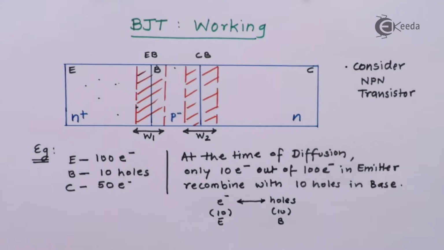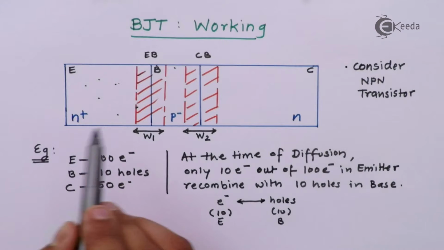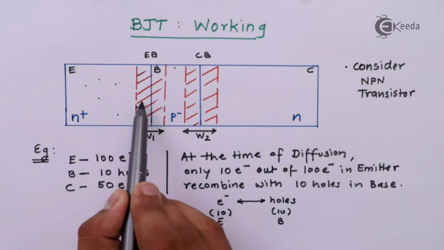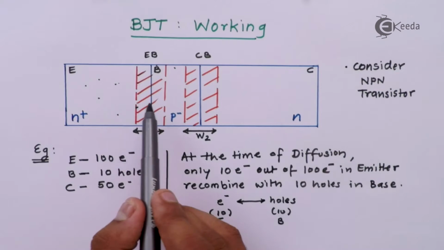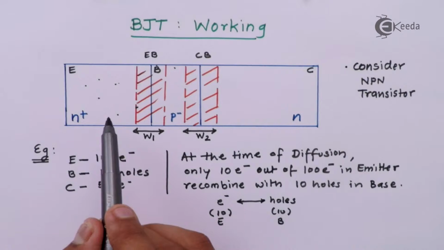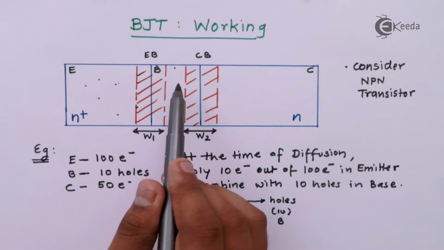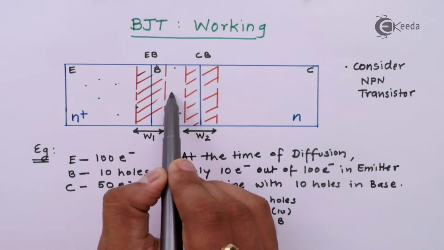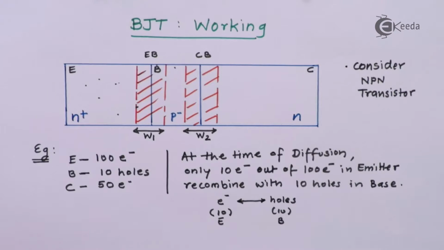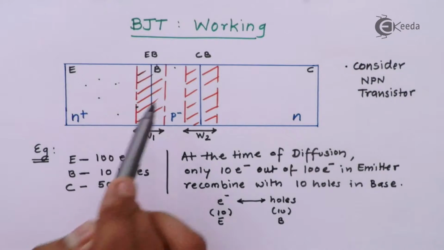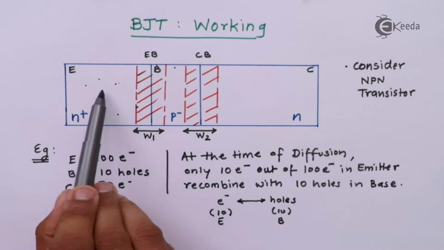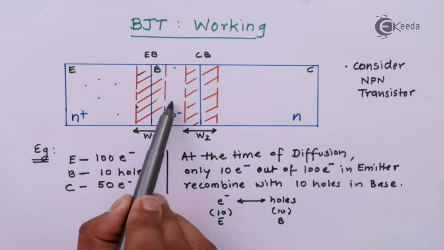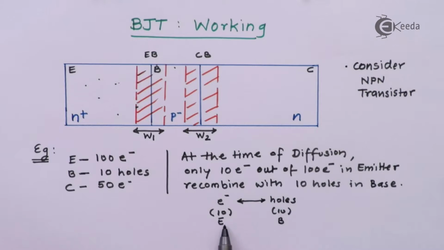Out of that, in that process, this particular junction will get formed due to the formation of ions, the same as in diode working. So as the junction gets formed, fewer than 100 electrons will enter. Let's consider that only 50 electrons reach this particular region. Out of that, 10 electrons recombine with the 10 holes.